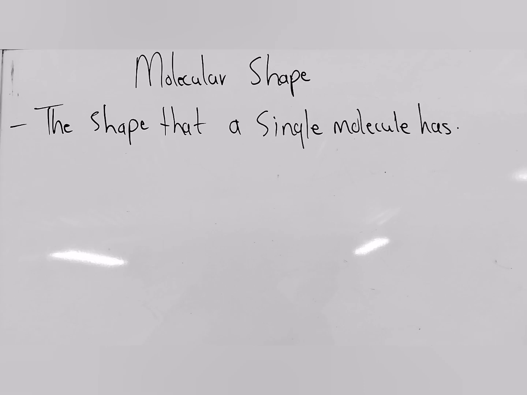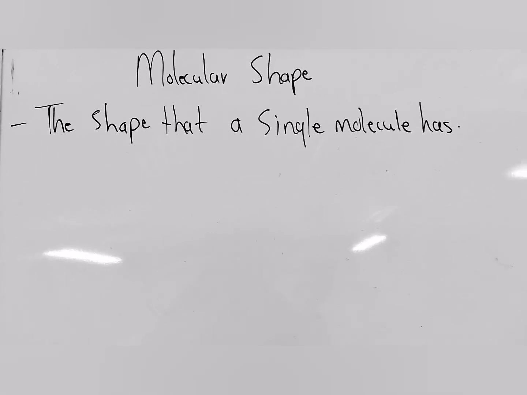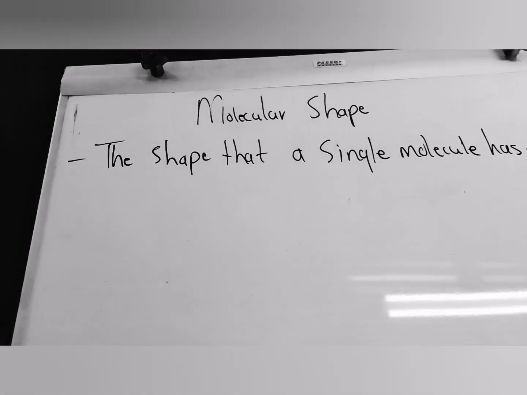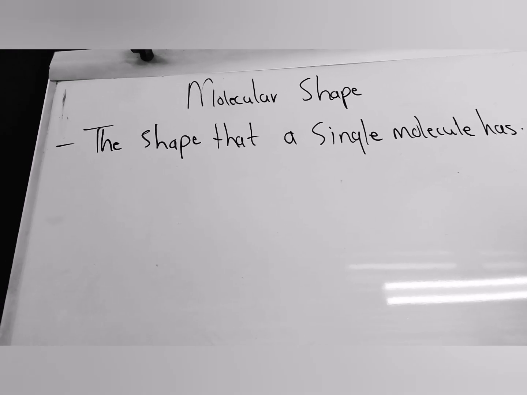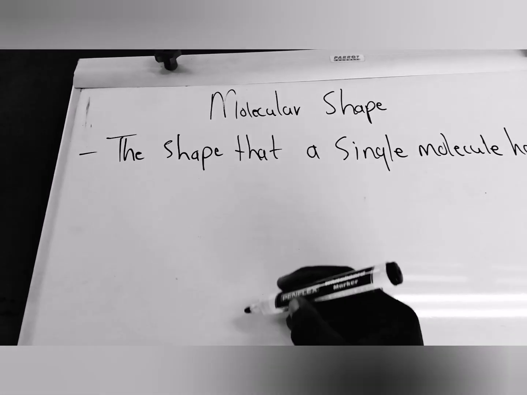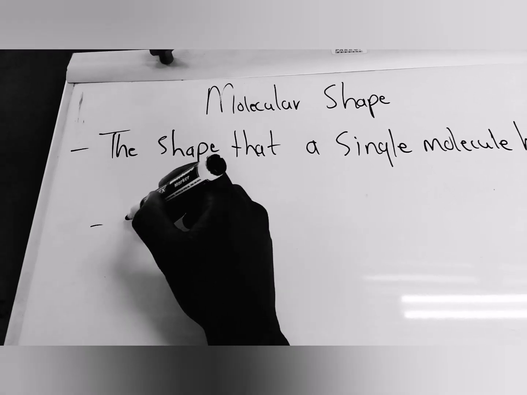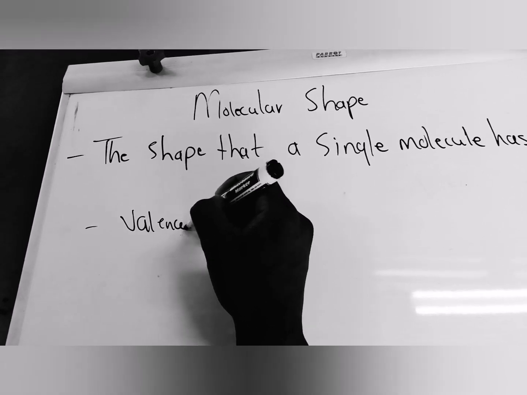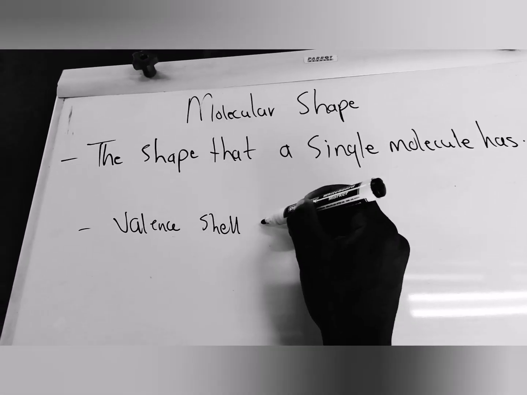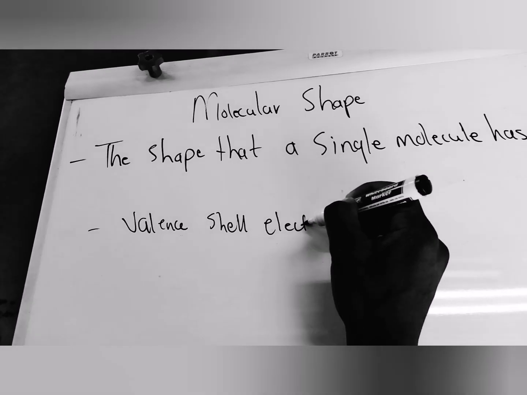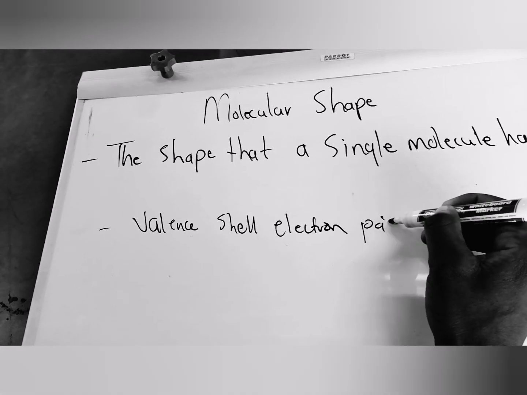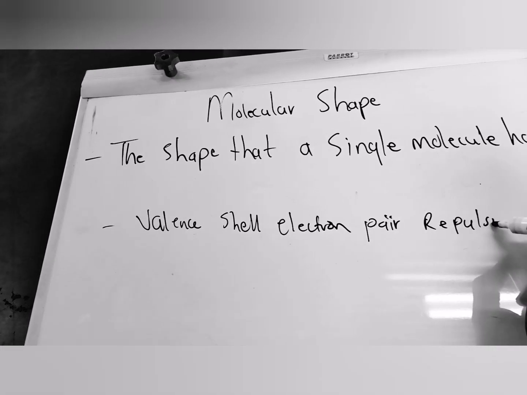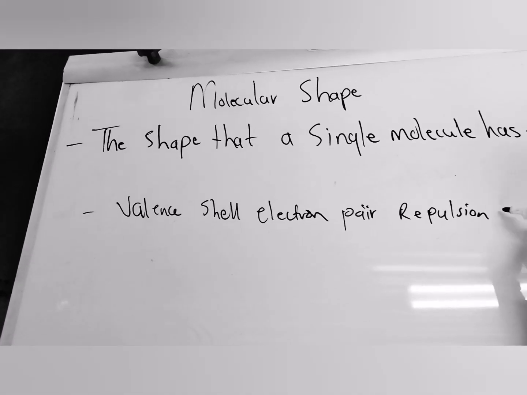So a molecular shape is the shape that a single molecule has. So that's the definition for molecular shape. Now, as we are in this concept of molecular shape, there is a theory which we are dealing with here, which is the valence shell electron pair repulsion theory.